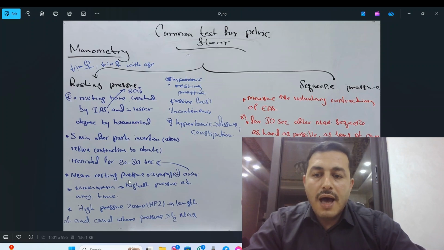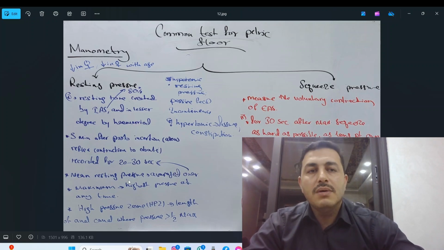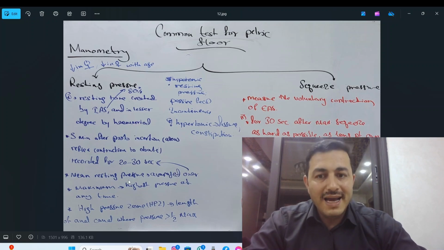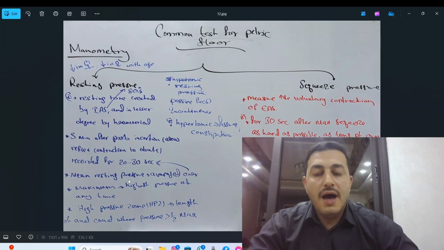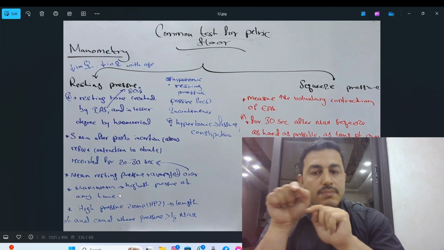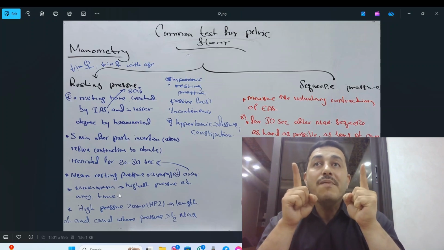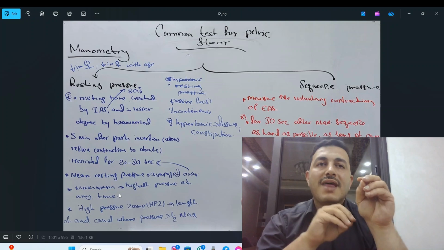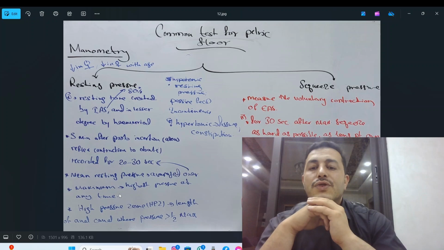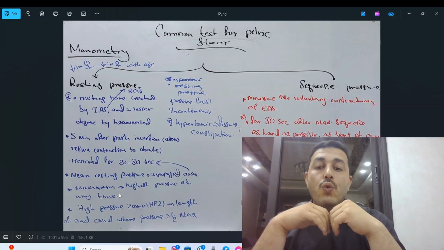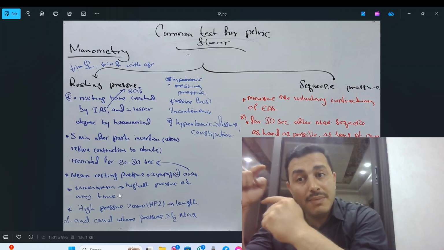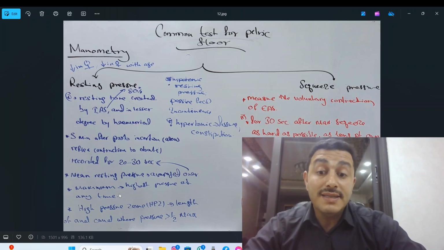We have to detect the maximum resting pressure, or the highest pressure at any time during these 30 seconds, and we should measure, while measuring the resting tone, what we call the high pressure zone. In other words, the anal canal length. The high pressure zone is actually the length of the anal canal with the pressure more than half of the maximum resting pressure we detected.